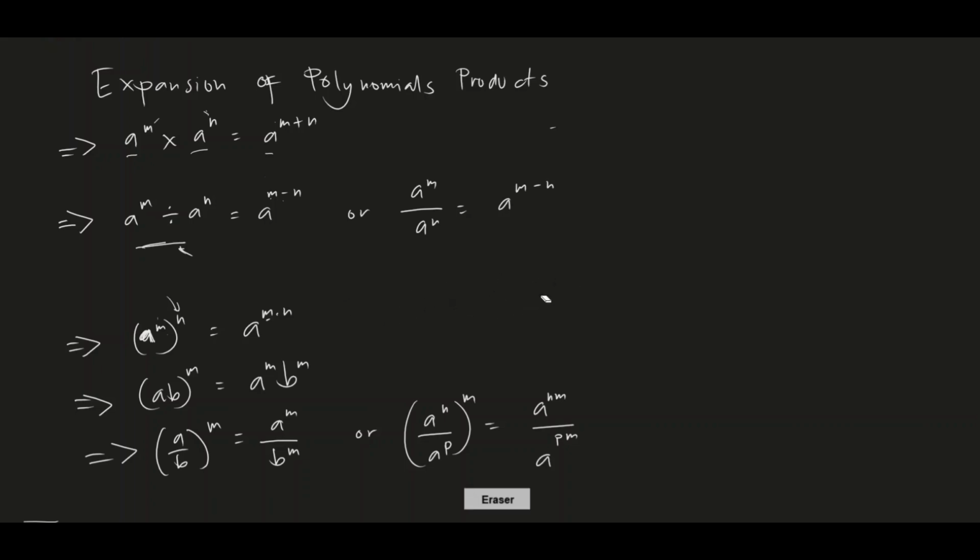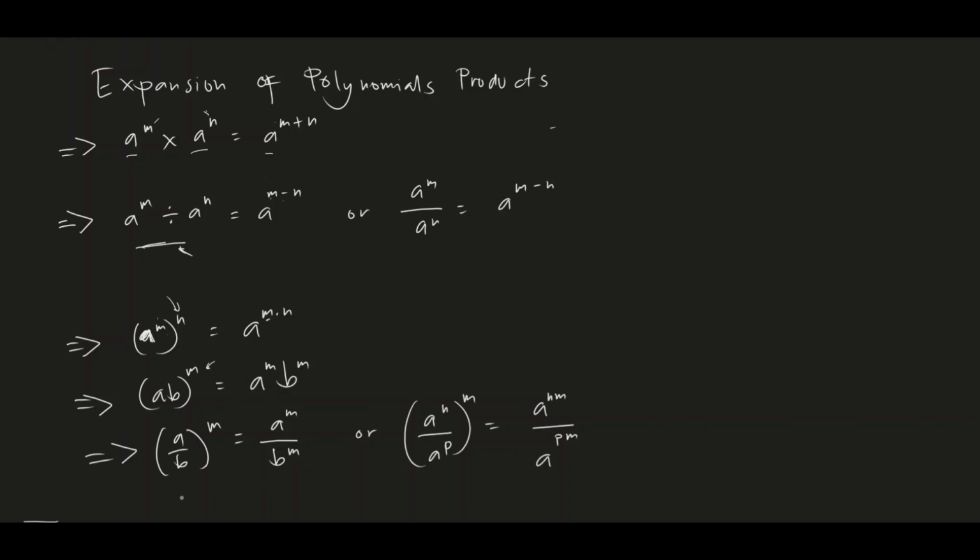Also, we have here the fourth formula wherein we have two terms, which are a and b. If both of them are raised to a specific exponent, then you need to distribute that exponent to each one of the terms. So a and b raised to the m becomes a raised to the m times b raised to the m.